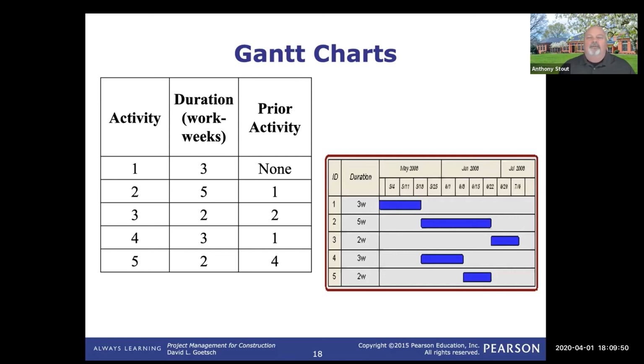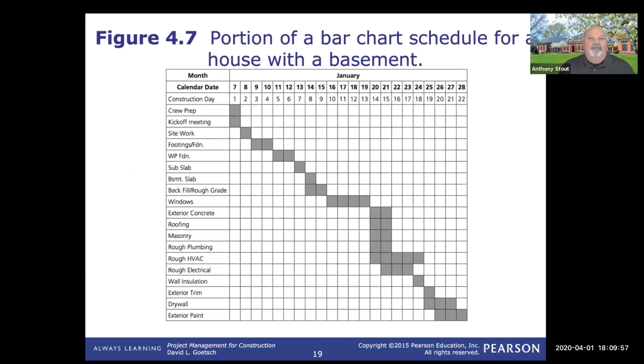Now, depicting this, I can do something similar to a Gantt chart using Microsoft Excel, just by listing the tasks, creating a calendar, if you will, and then showing by shading in the different areas in the Excel spreadsheet, I can show this same relationship.